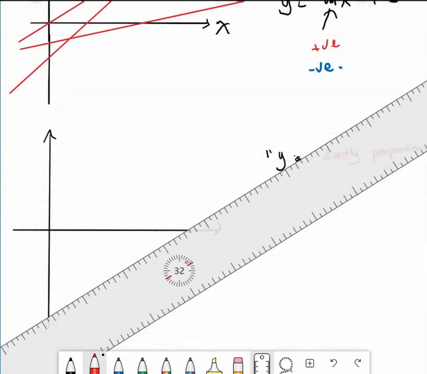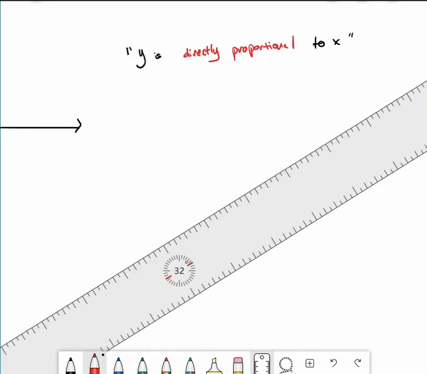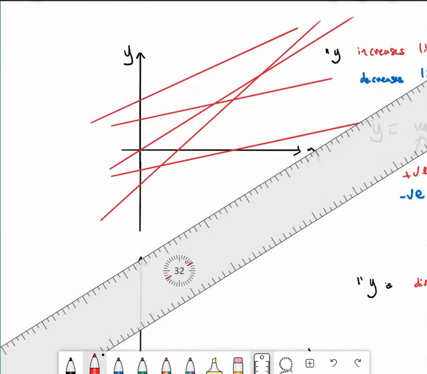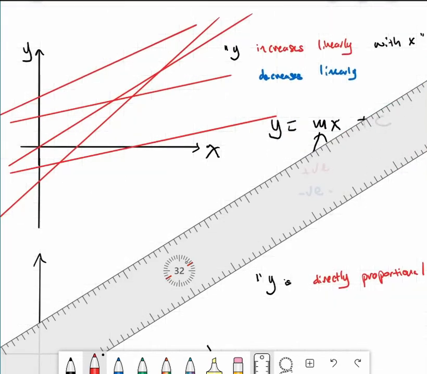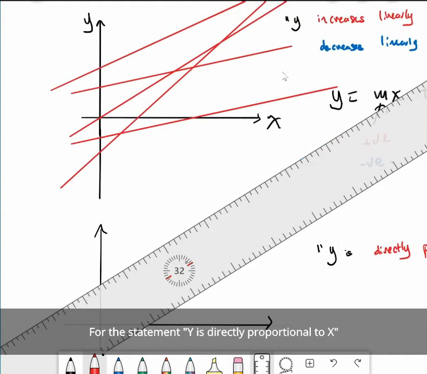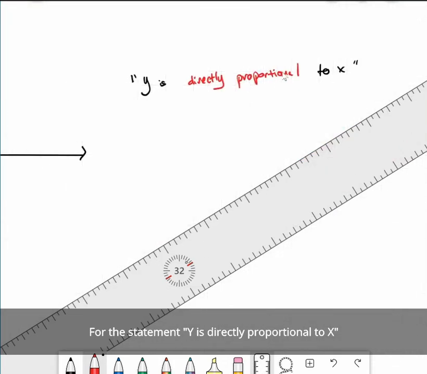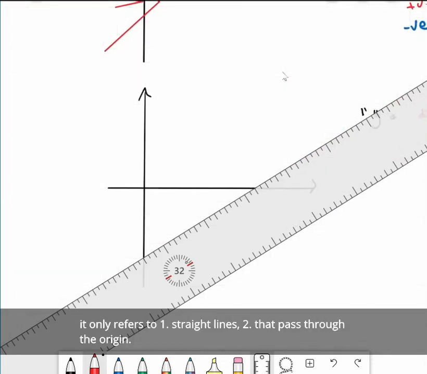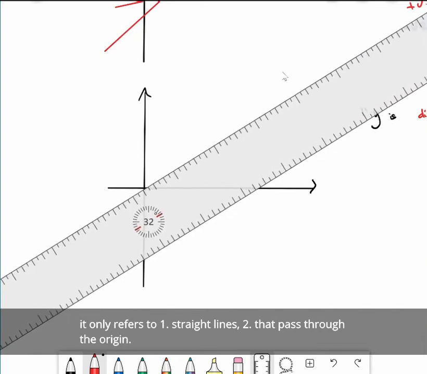Now, y is directly proportional to x is a more specific statement than y increases linearly with x. Where y increases linearly with x refers to any line that has a positive gradient regardless of whether or not it passes through the origin, y is directly proportional to x only refers to lines that pass through the origin.